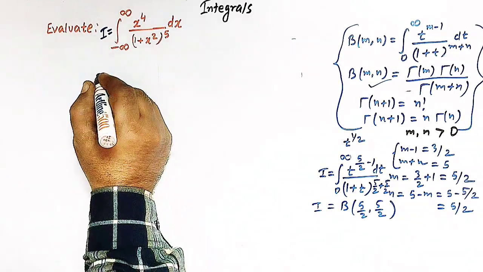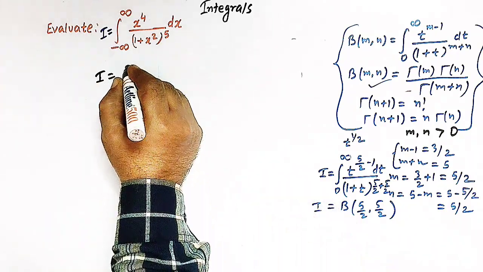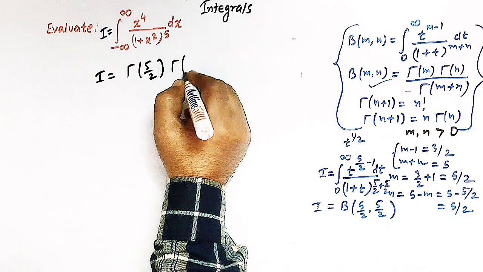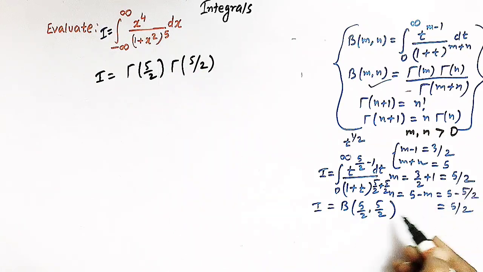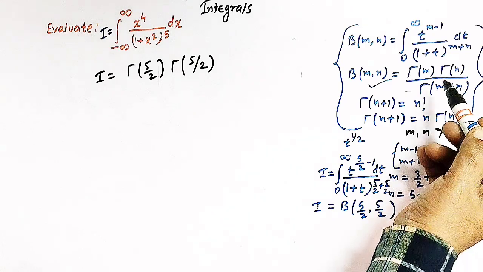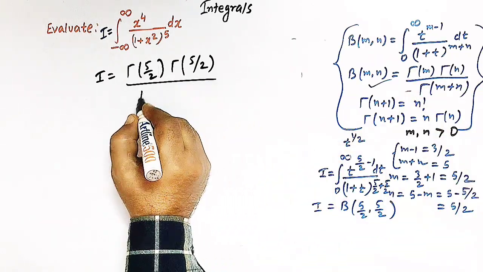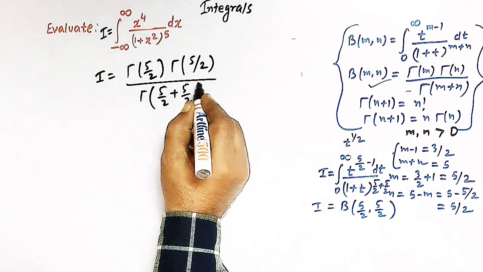So now we can write I is equal to gamma 5 by 2, then gamma 5 by 2, taking m is equal to 5 by 2 and n is equal to 5 by 2 in this expression. We have gamma 5 by 2 plus 5 by 2.